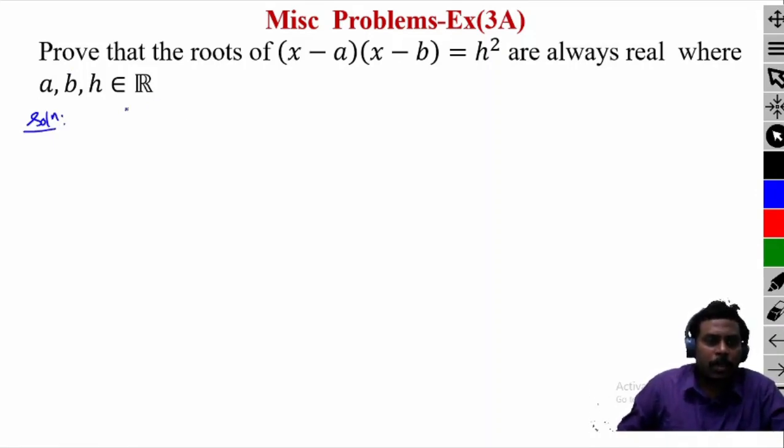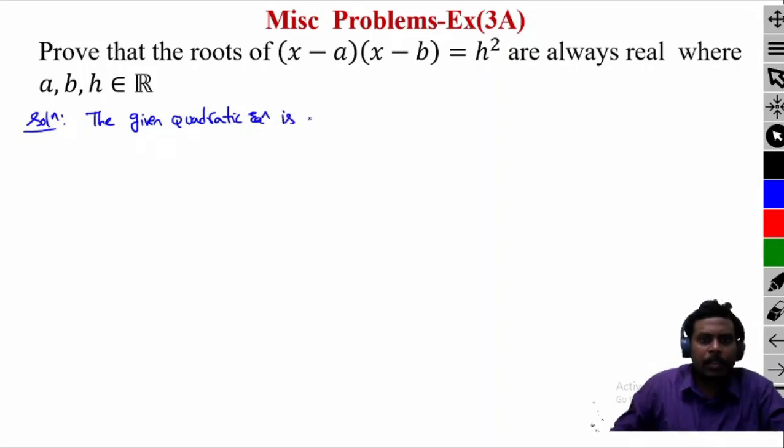So here is the quadratic equation. The given quadratic equation is x minus a into x minus b is equal to h square.